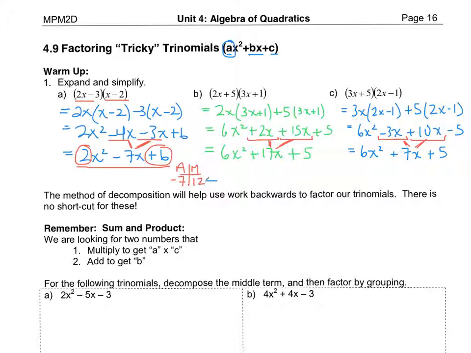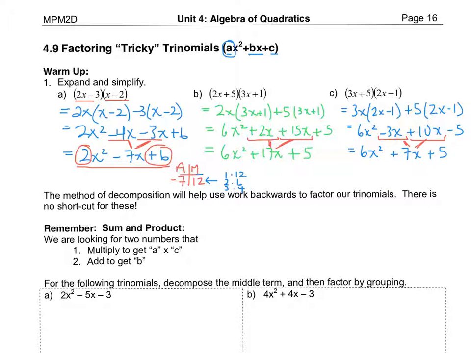I would start with my multiplying number, and I know 1 times 12 would equal 12, or 2 times 6 would equal 12, or 3 times 4 would equal 12.